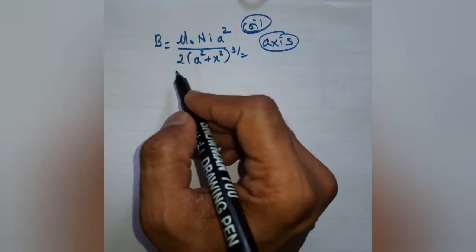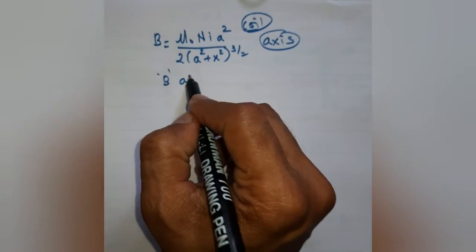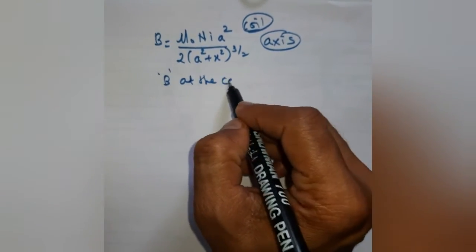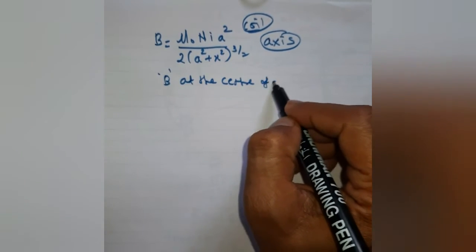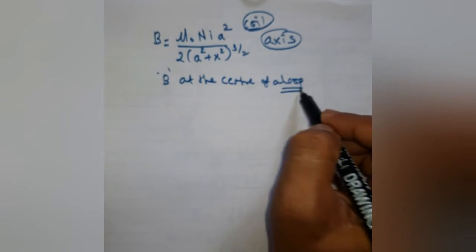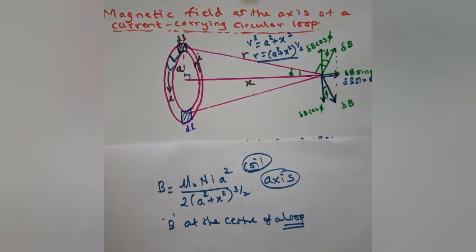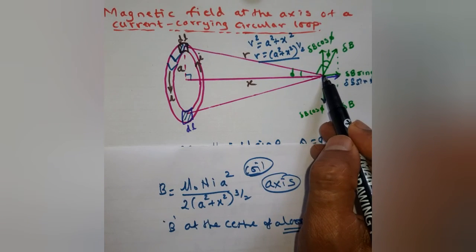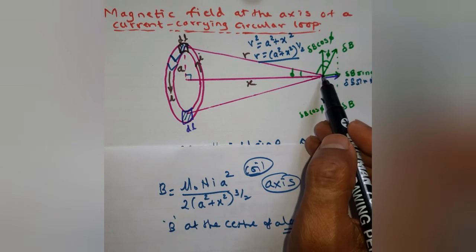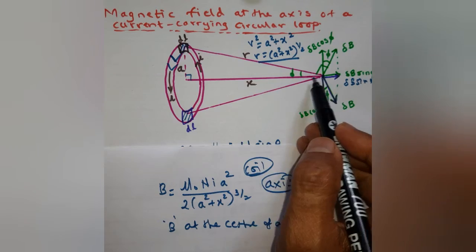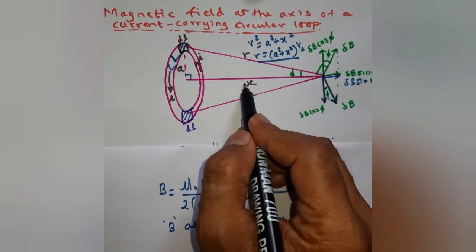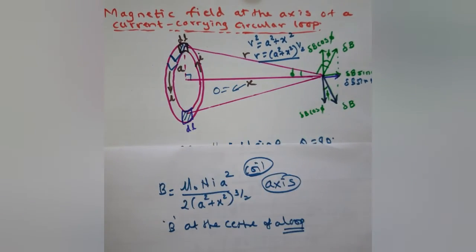If I want to find the B at the center of a loop or at the center of the coil, then what should happen? You can see from this diagram that we found B at this point. So if I bring this point B to the center, that means x is equal to 0.